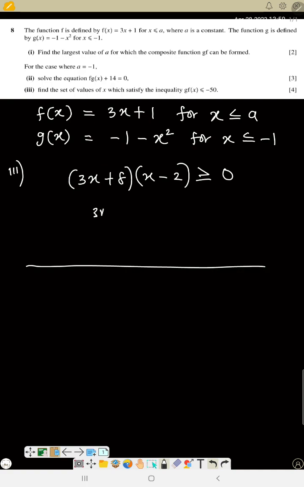That is 3s plus 8 equals 0, so s is minus 8 over 3. Minus 8 over 3 will be somewhere here, on the negative side. And remember in your inequalities, this is negative infinity, this is positive infinity.